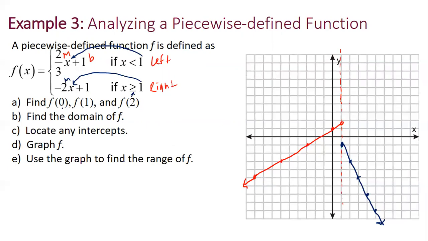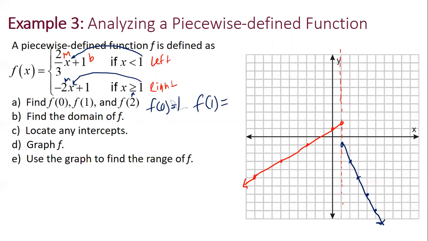Now I can answer questions. If I have f of 0, which side of the line am I using? Well, f of 0 is going to be to the left. So if I go to f of 0, what do I get? 1. So we know f of 0 equals 1. F of 1 is right on the line, right? But I'm not going to use the open circle.